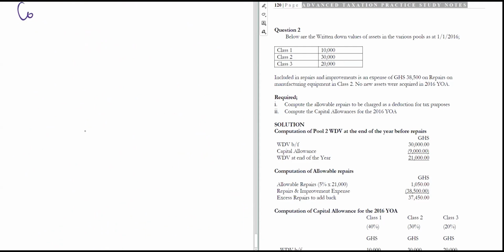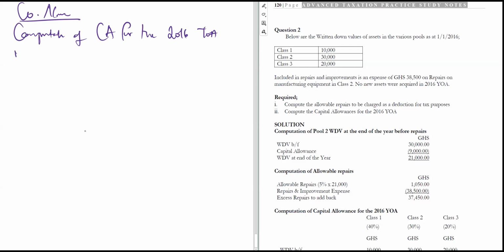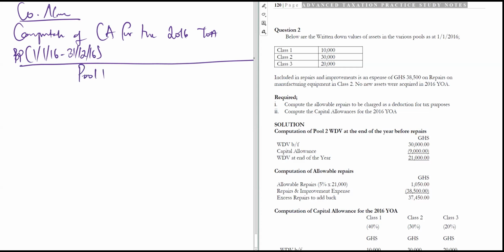So company name, we don't know the company's name, but computation of capital allowance for the 2016 year of assessment. Basis period 31st 12. So we have the pool 1 being 40%.